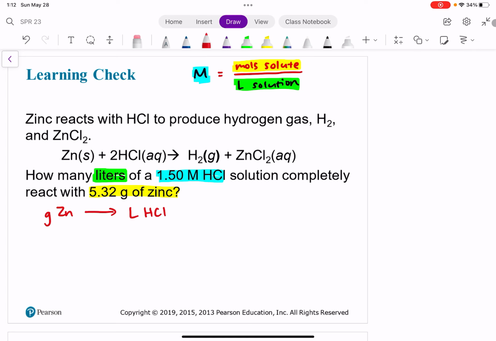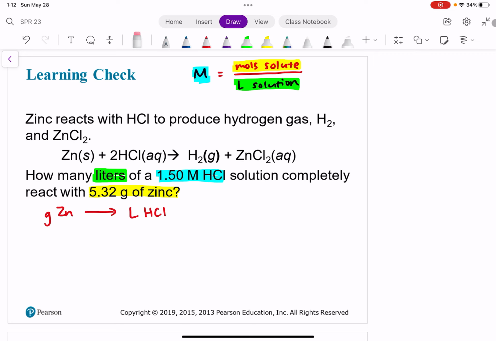So if I want to get from grams of zinc to liters of HCl, the only way I'm going to be able to do that is to go through moles. Because in order to figure out how many grams of zinc react with how many liters of HCl, I need to use my balanced chemical equation, right? I need to use my mole to mole ratio. So I got to get to moles first because right now I'm in grams.